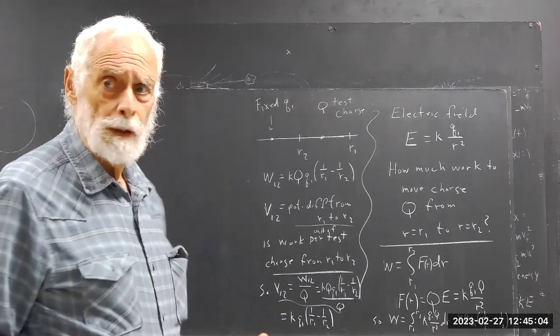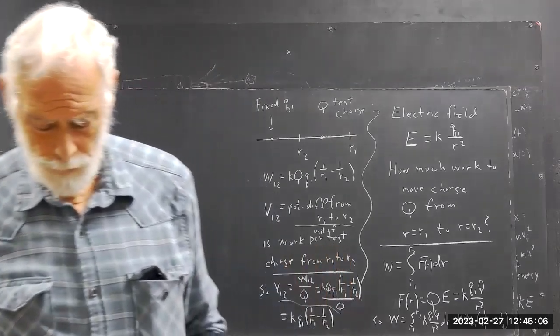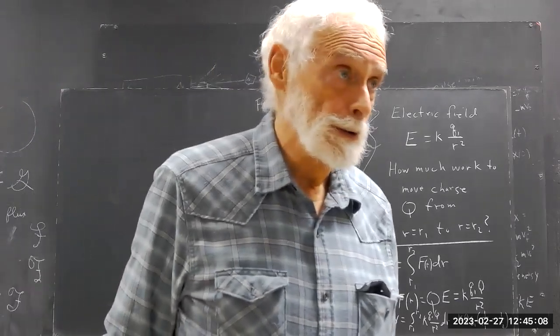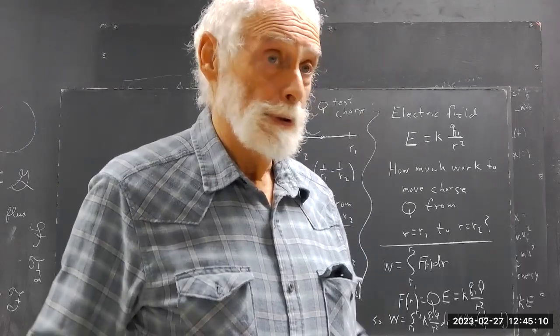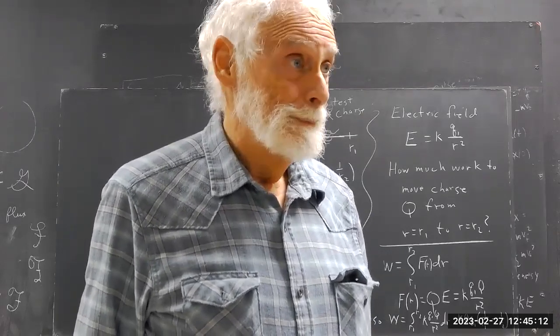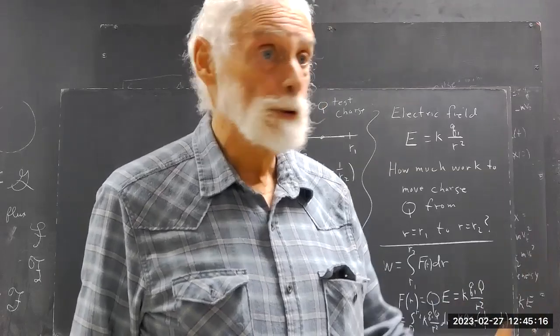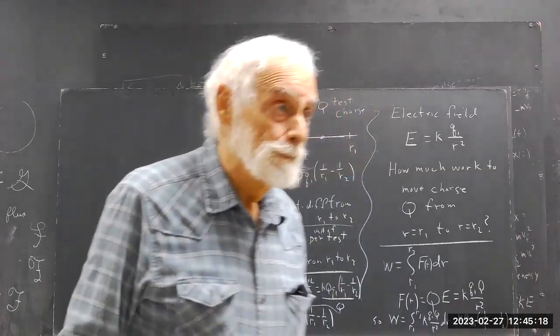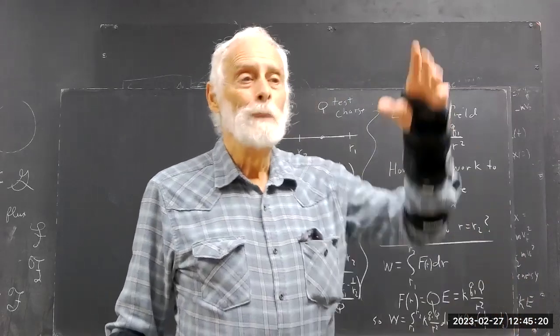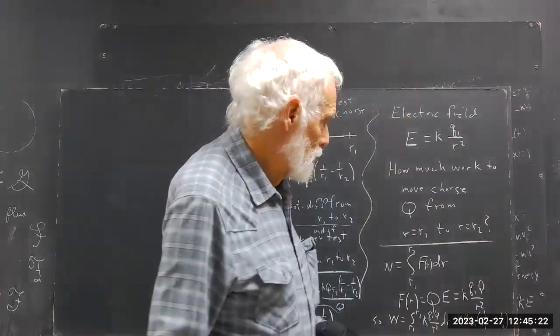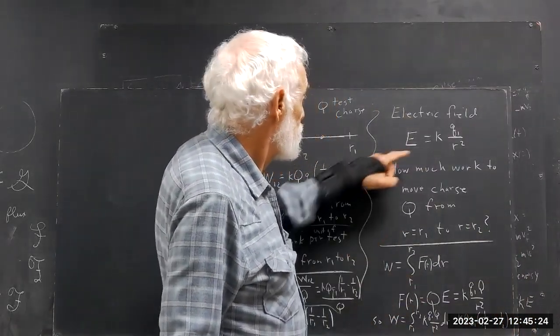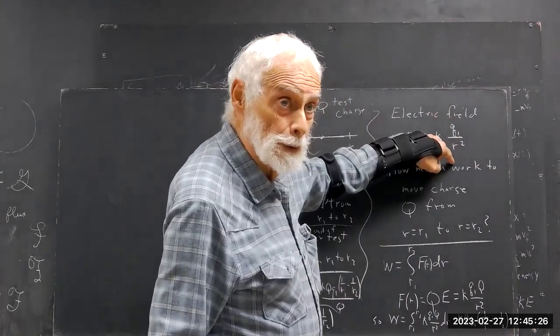Now, we've dealt with identical integrals when we dealt with gravitation. Talk about the difference in gravitational potential energy. That'd be a big G, big M over R squared instead of kQ1 over R squared.